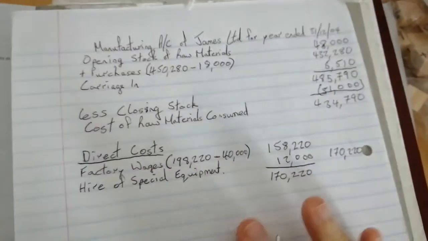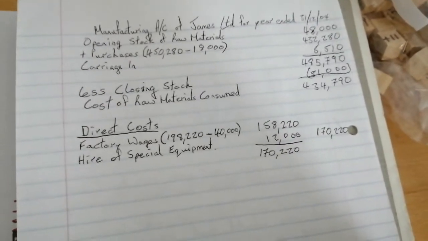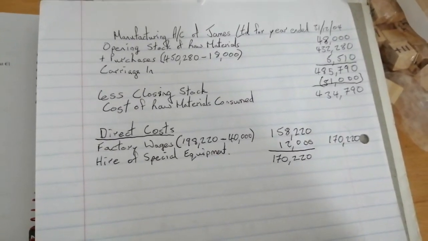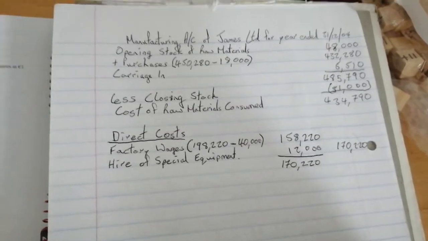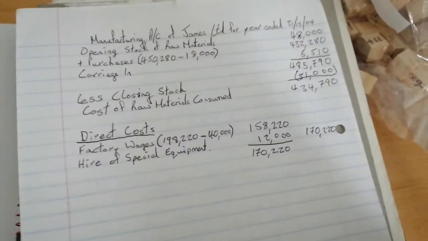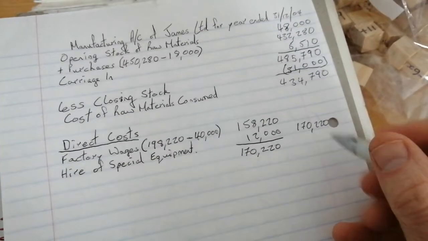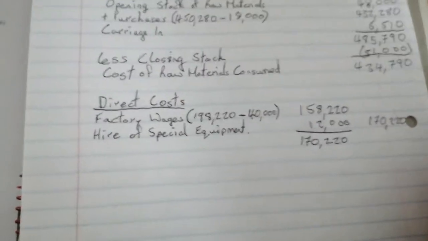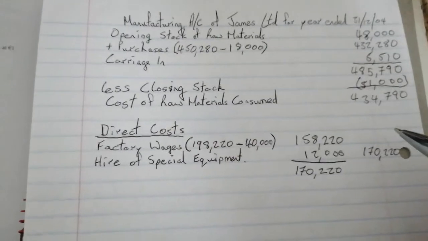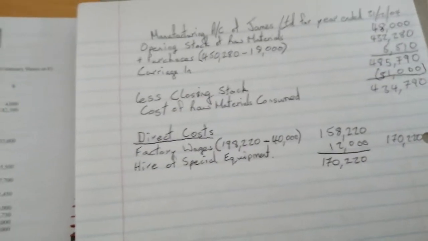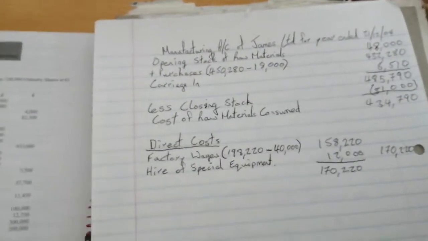The total of direct costs is what we call prime costs as well. So we should really put that in there. It's the direct cost, but you don't need to add that in. And really, you'll be in a hurry when you're doing this question, so maybe we'll just leave it out here for now as well.